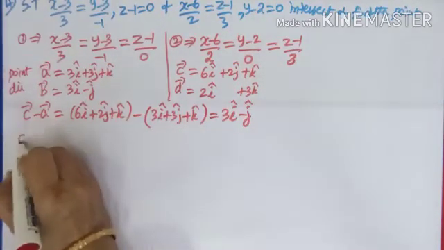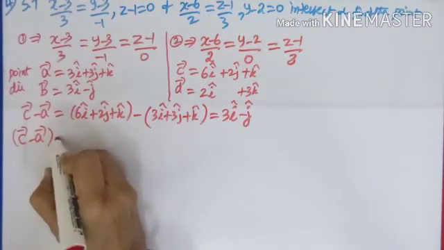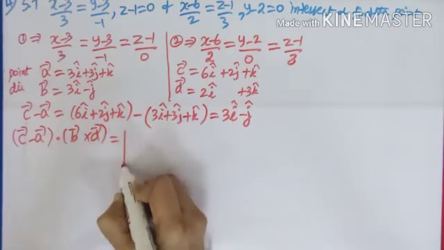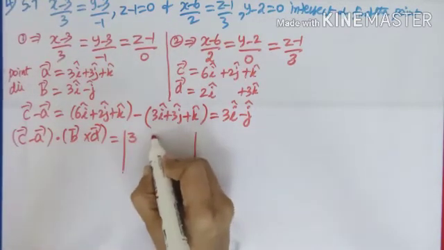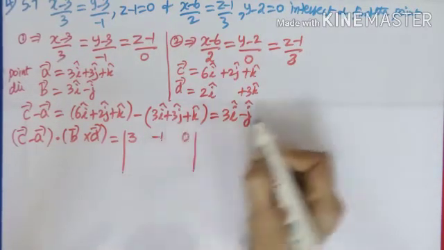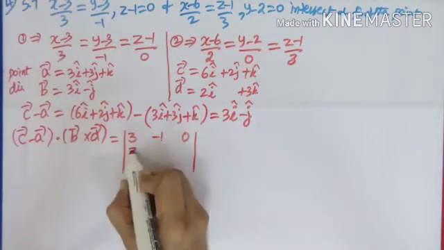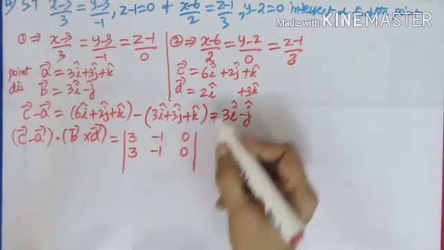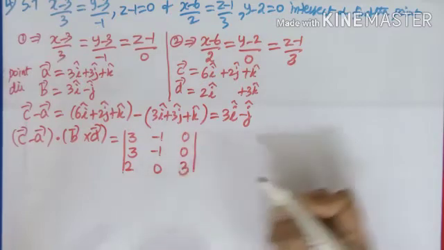Now I need to find C minus A dot B cross D. That is C minus A, 3, minus 1, J component missing, so 0. B cross D: B vector 3, minus 1, 0, and D vector is 2, 0, 3.